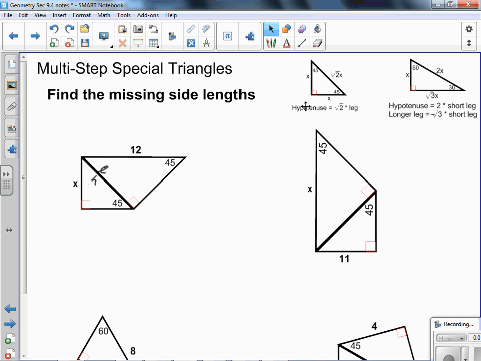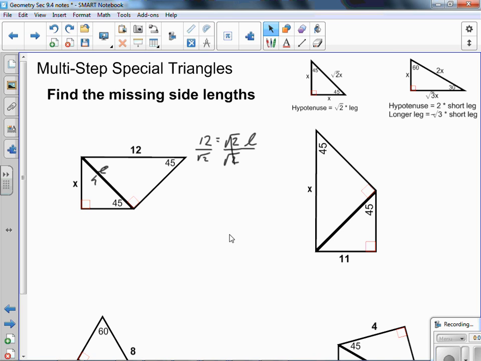So remembering that the hypotenuse is the square root of 2 times the leg. So the hypotenuse, which is 12, is going to be equal to the square root of 2 times the leg. So then we divide by the square root of 2.